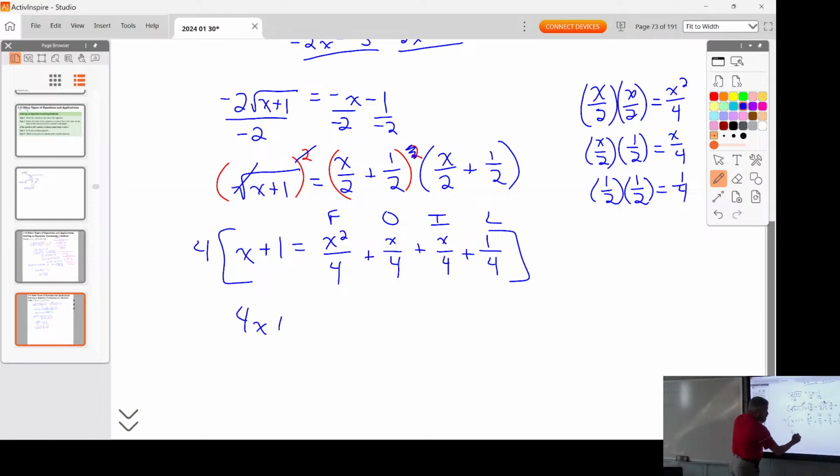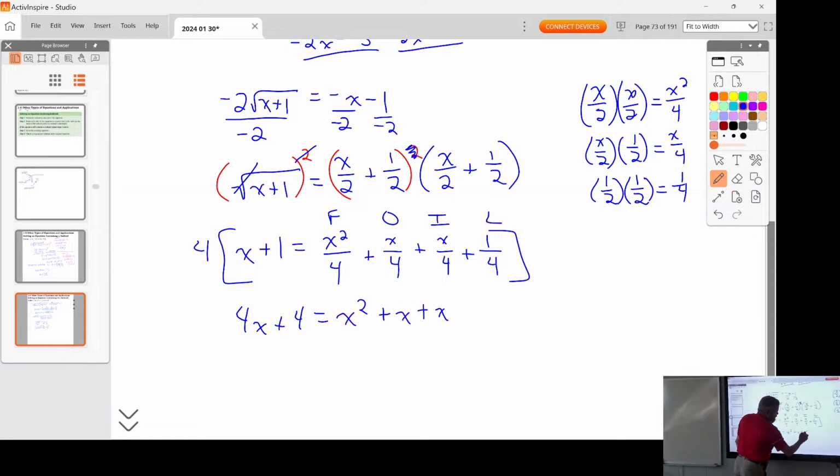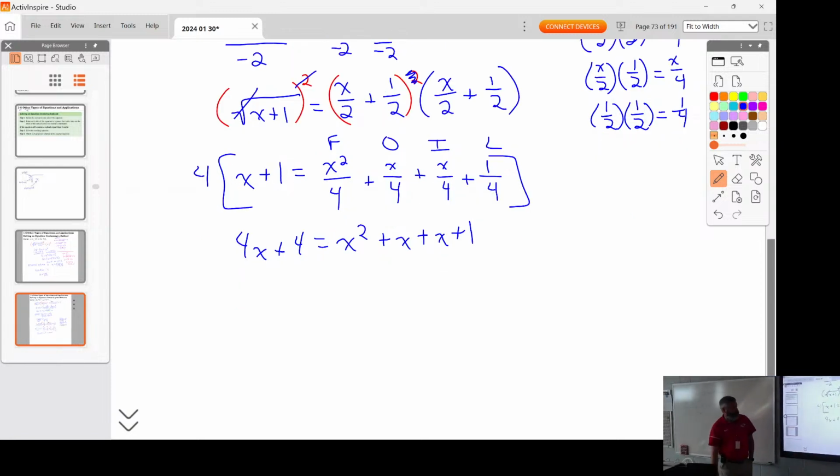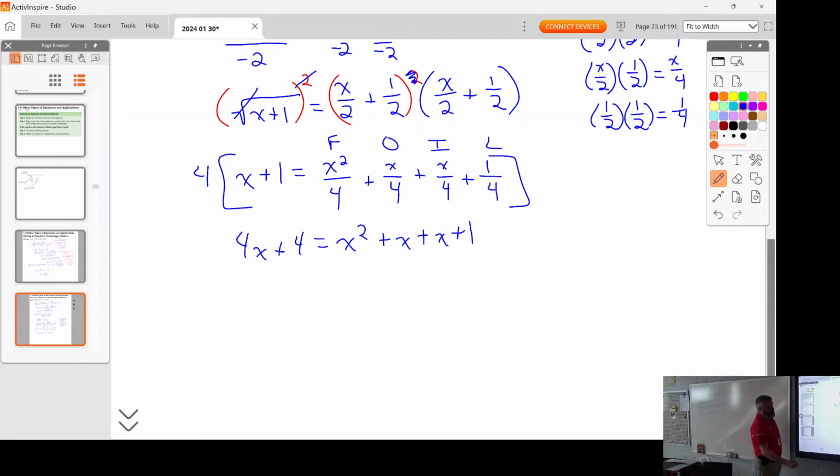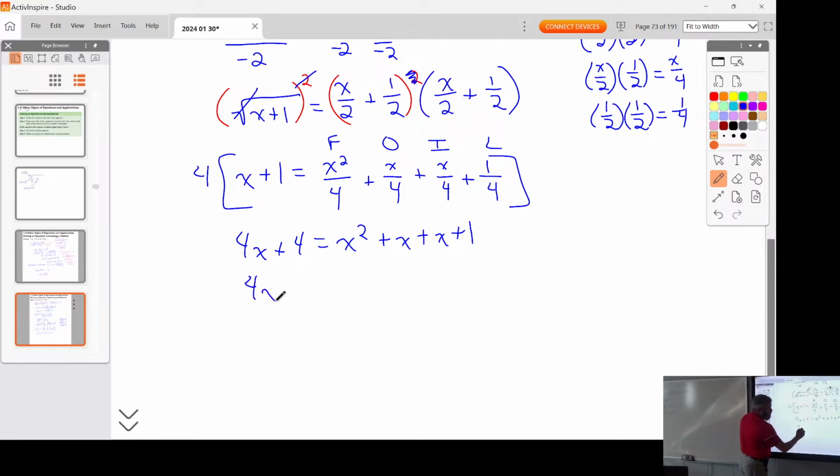4x plus 4 equals x squared plus x plus x plus 1. Combine like terms. 4x plus 4 equals x squared plus 2x plus 1.